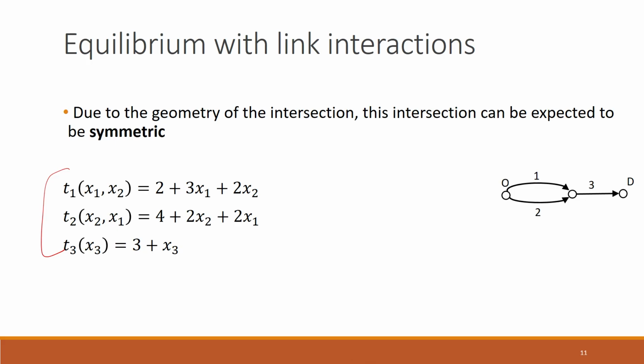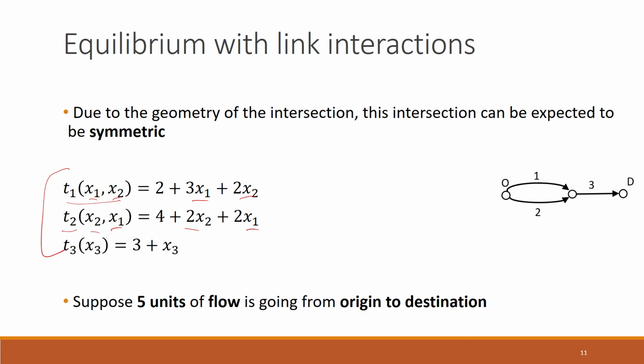Although these two links 1 and 2 are not in opposite directions, whatever theory we have developed for links having pairwise interactions holds here. You can see that the travel time on link 1 is a function of both link 1 and 2 flow, and the travel time on link 2 is a function of the flow on links 2 and 1.